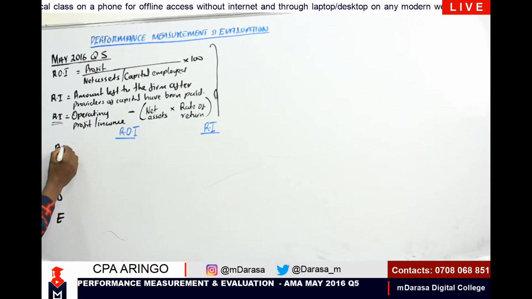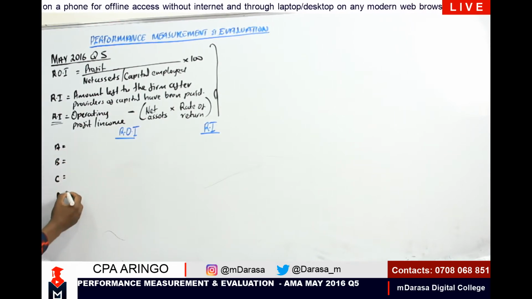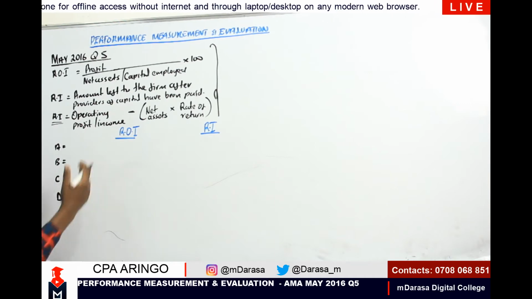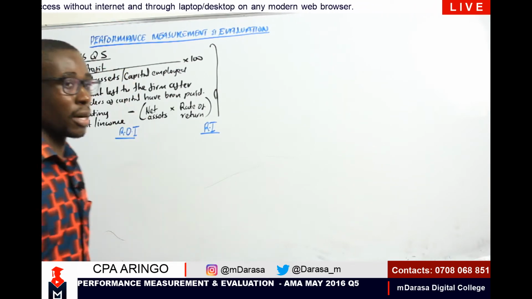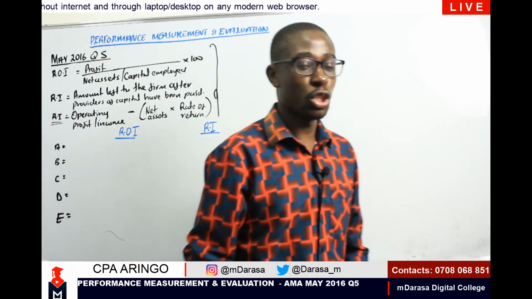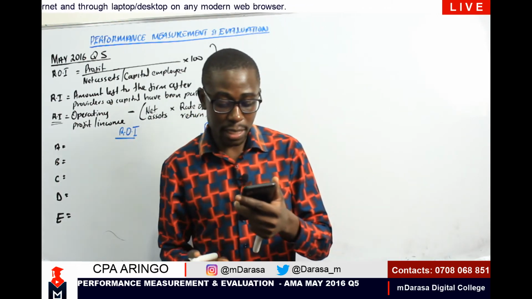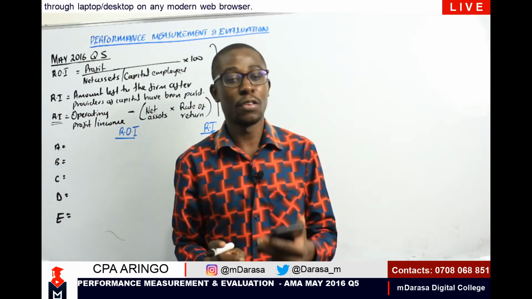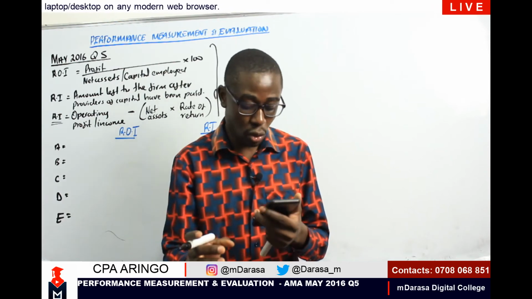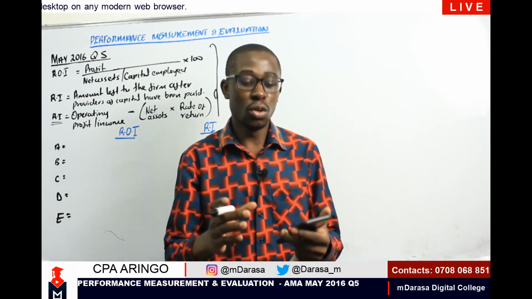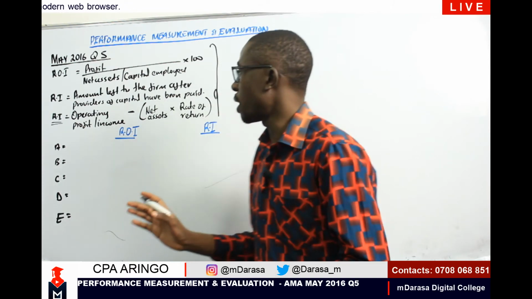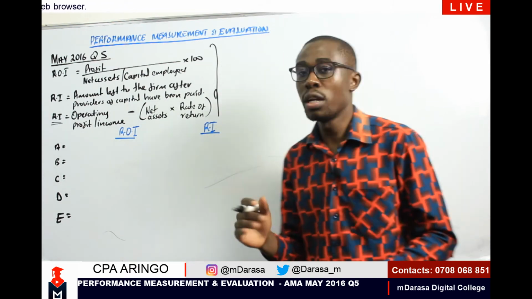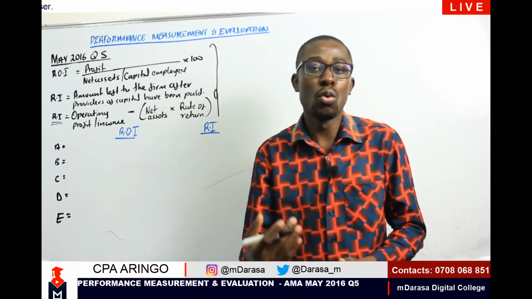So talk of our return on investment. You're talking of our profit or income divided by our net assets. In our question, my good students, look at that case. I was given our annual profit and I was given our cost of investment. The cost of investment is the one that you are going to take as our capital employed.